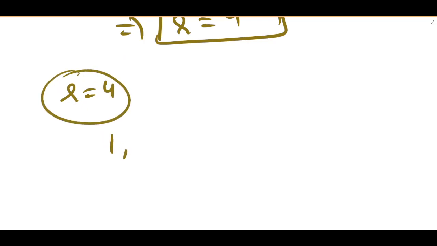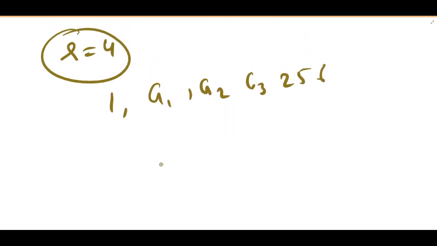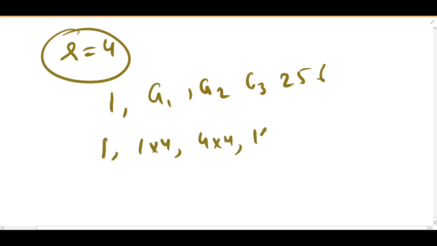Therefore, we can insert 3 numbers G1, G2 and G3, and the last term is 256. By multiplying each term by 4, we get a geometric progression: 1, 1 into 4 is 4, 4 into 4 is 16, 16 into 4 is 64, and the last is 256.